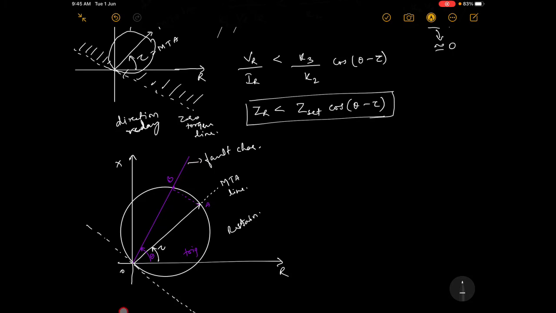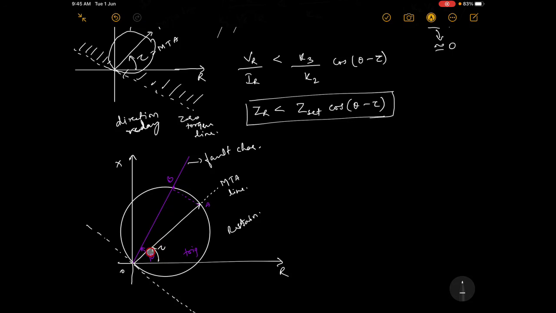So this is our theta. Now you go on changing tau. When tau is equal to theta, it is cos 0, and cos 0 is maximum. So when theta and tau are equal, it is maximum.